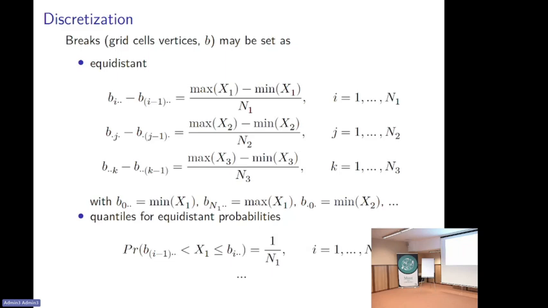So either it is a vertex when you have only one index filled, or an edge or height of the cell. Fine. And breaks can be made equidistant or as quantiles for equidistant probabilities.